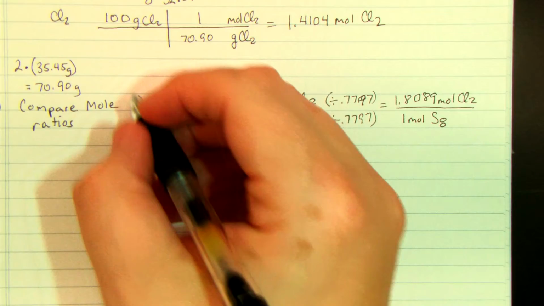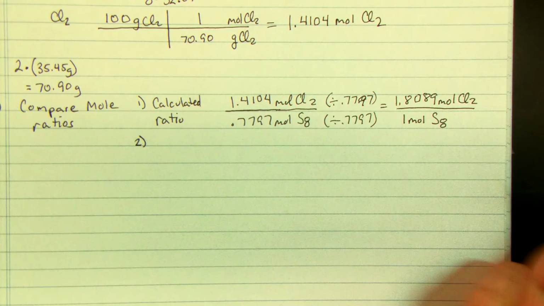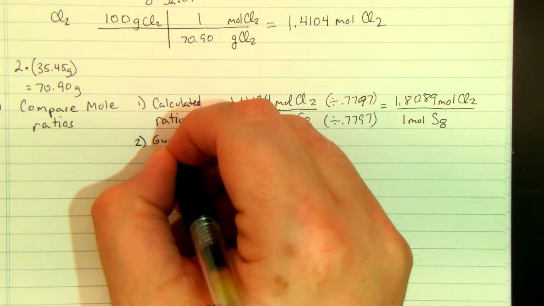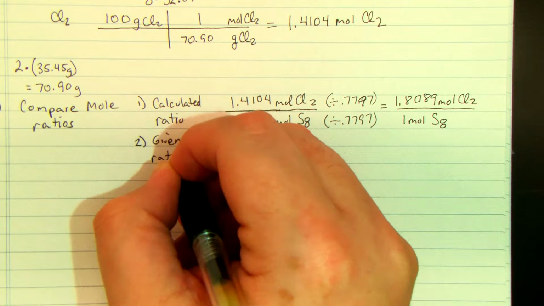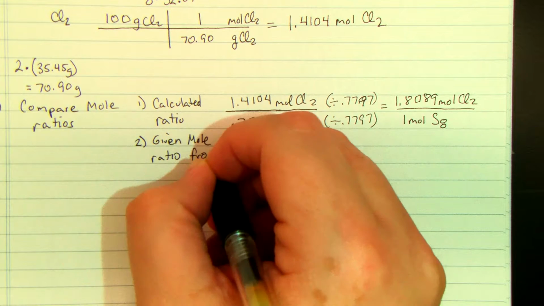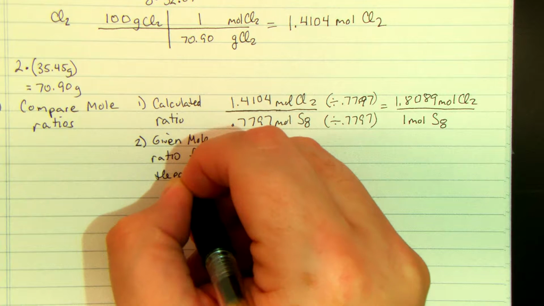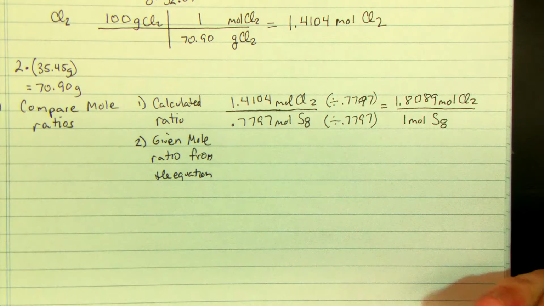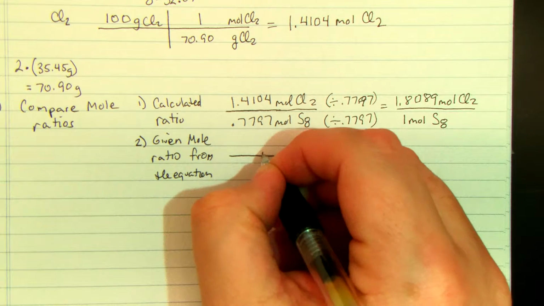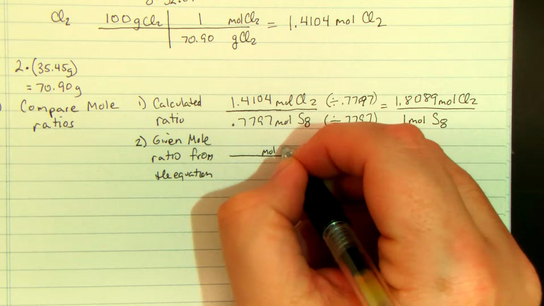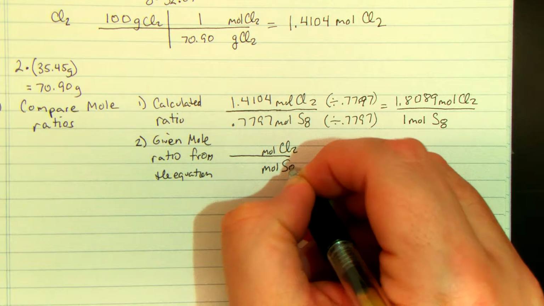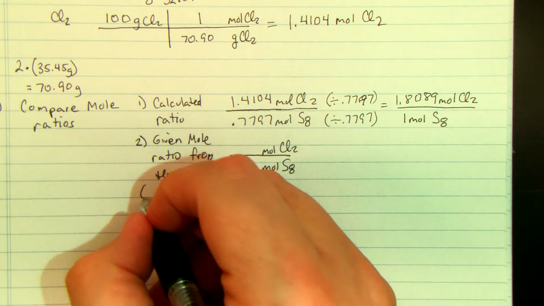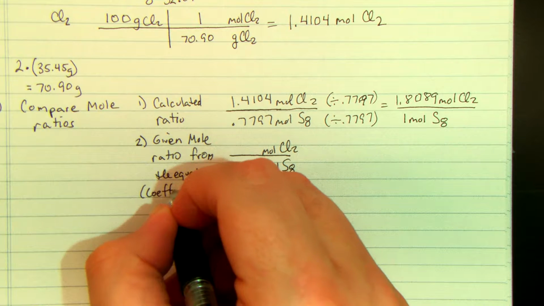The second part I want to look at is the given mole ratio from the equation. So I want to look at the moles of Cl2 compared to the moles of S8. Now, basically you're going to take the coefficients, because that determines the number of moles that you have.